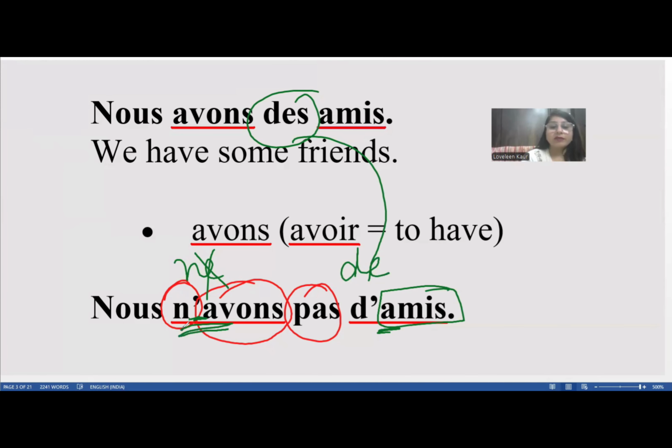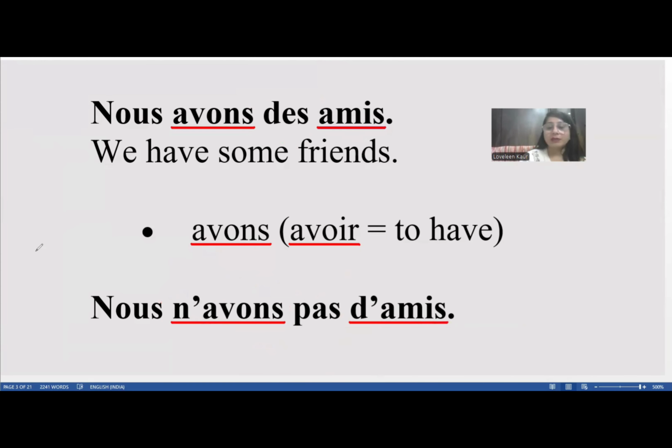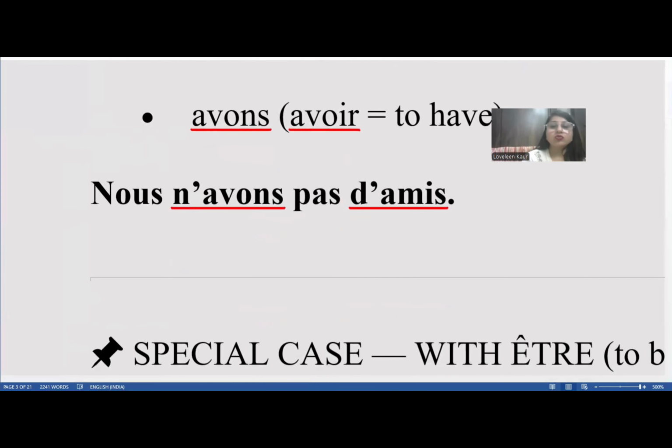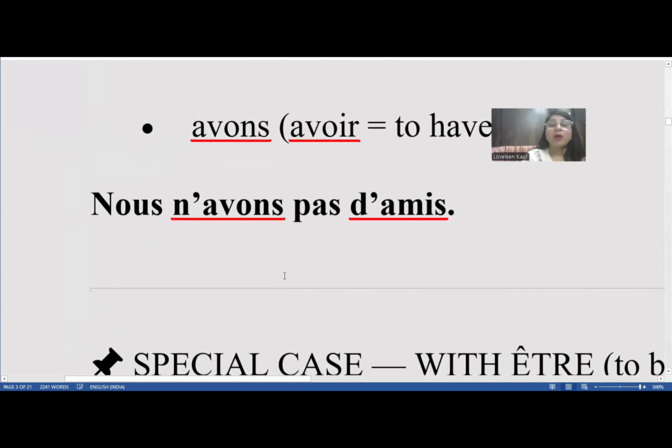Again the same rule, because it's starting with a vowel, we'll put d apostrophe, right? So if somebody is saying nous avons des amis, we have friends, and you want to say we don't have friends, you will say nous n'avons pas d'amis, and make sure this will remain plural only. We don't have friends, right?